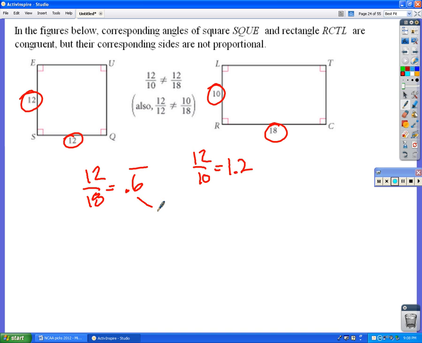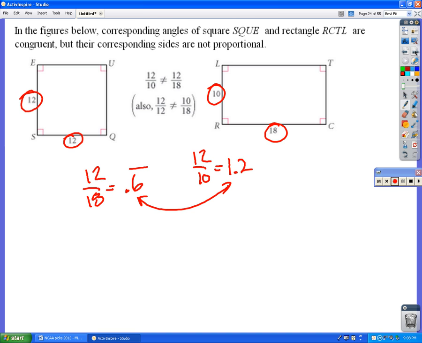And since 1.2 does not equal 0.6 repeating, that means that these two shapes are not similar. So just because the angles are the same does not mean that the sides are in the same proportion.